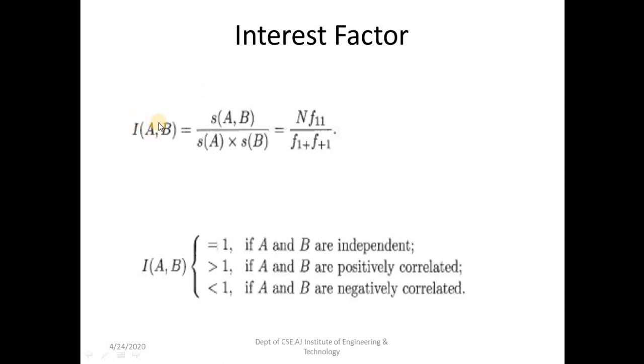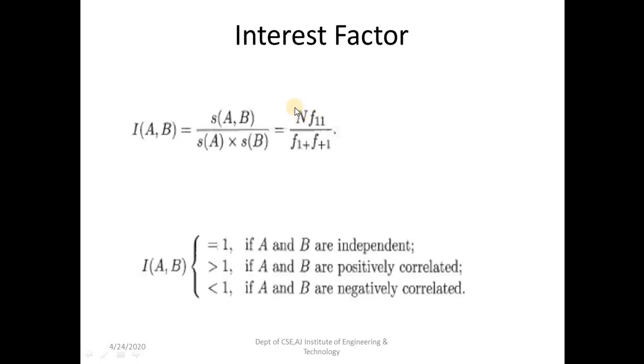Interest factor of A comma B is given by support of A comma B divided by support of A into support of B, which is equal to N into f11 divided by f1+ into f+1.